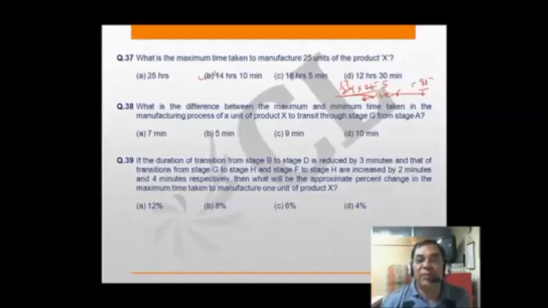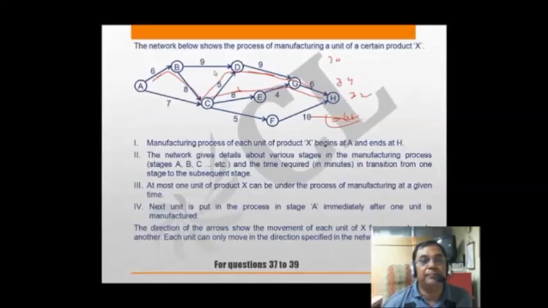What is the difference between the maximum time taken and the minimum time to transit through G from stage A? So minimum is 6, 9, 15. This is coming to 7, 8 15, 4 19, 6 25.